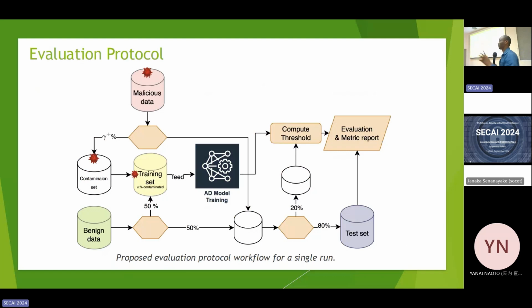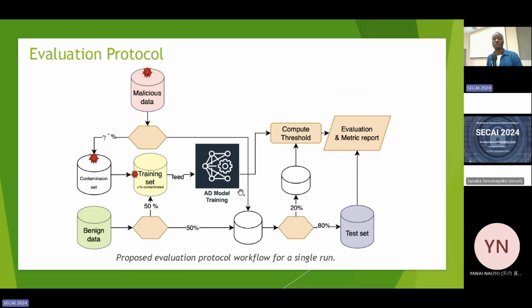We do that by creating a set that we call a contamination set, where we take anomalies and inject them into the training set. By doing it this way, we ensure that the proportion of anomalies and benign data in the training set remains the same.